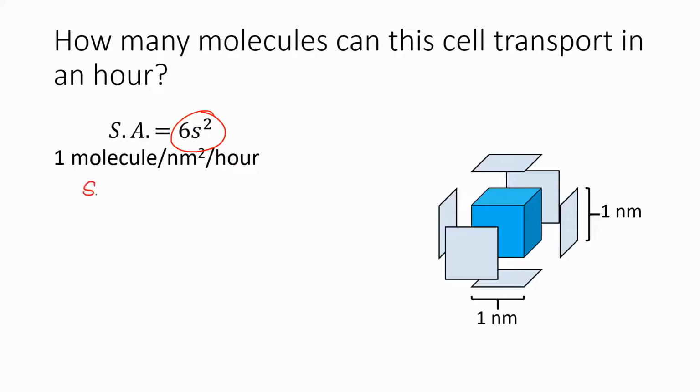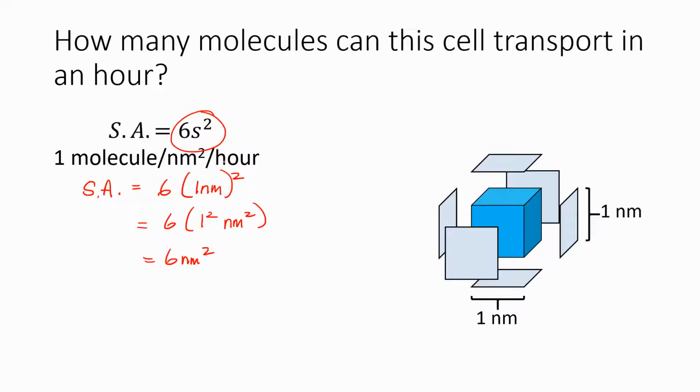So first, let's calculate the surface area of this cell. It's going to be 6 times that 1 nanometer squared. We square everything inside of those parentheses, so it's 6 times 1 squared nanometers squared. And 1 squared is 1. Anything times 1 is itself, so this ends up being 6 nanometers squared.